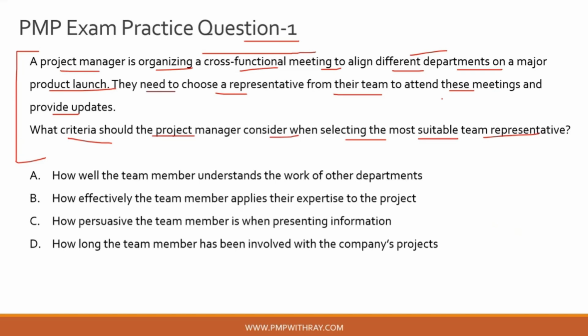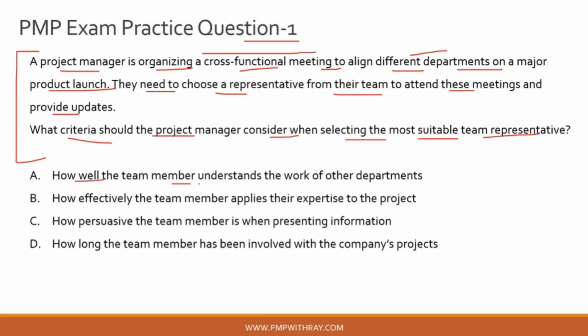So the behavioral skill that we are looking at is primarily, let's say, team management, speaking and interacting with a larger audience, a person who is willing to gel with a larger audience, right? These are the general traits which you will look at before you select a team member in this kind of situation, right? Agreed? So with that premise, let's look at the answer options one by one.